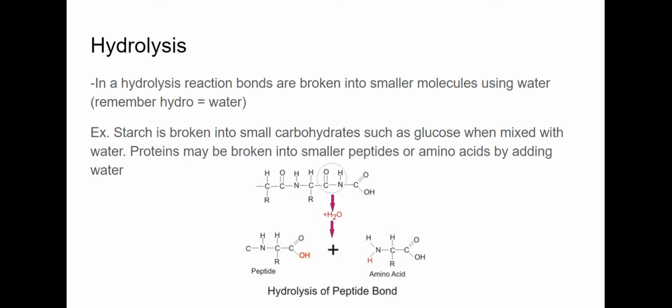Proteins, you can break them down into smaller peptides or amino acids by adding water. That's what this diagram on the bottom is. You've got a larger protein up there, and then you can see plus H2O, plus water. It breaks that bond, and you end up with two different subunits.